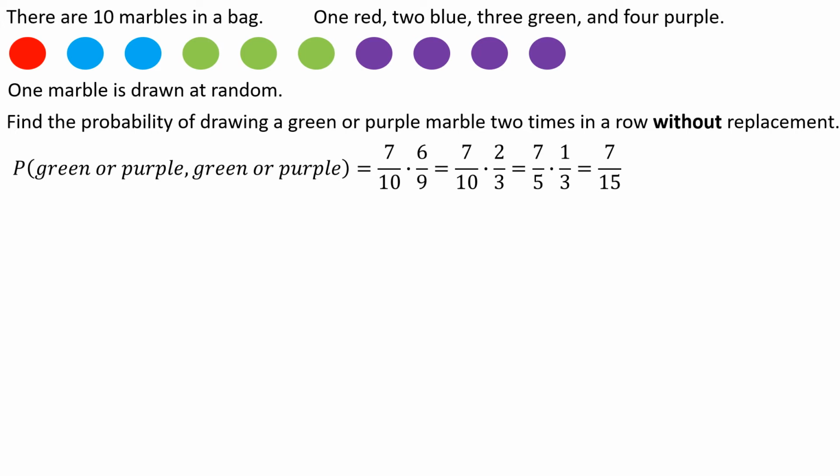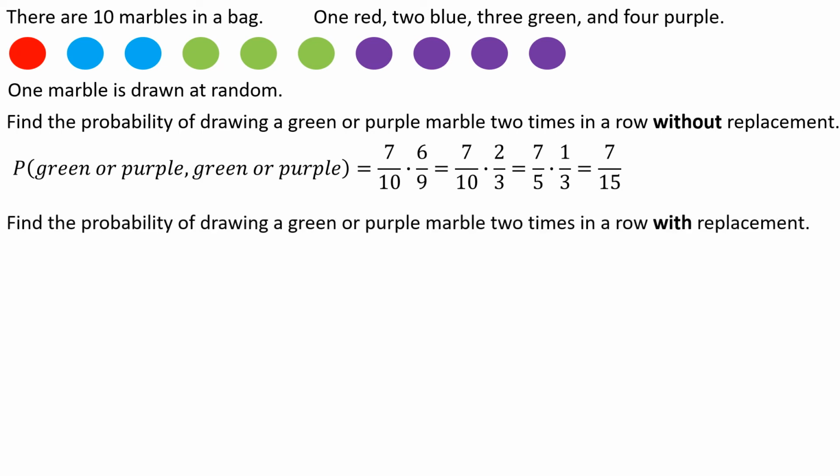If I'm successful, now there are only 9 marbles in the bag and only 6 of them are purple or green. Of course, I can reduce 6/9 to 2/3. And I can even do a little bit of cross-canceling there. And I finally end up with 7/15. That's my probability.